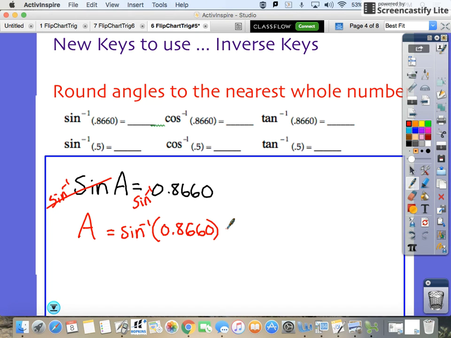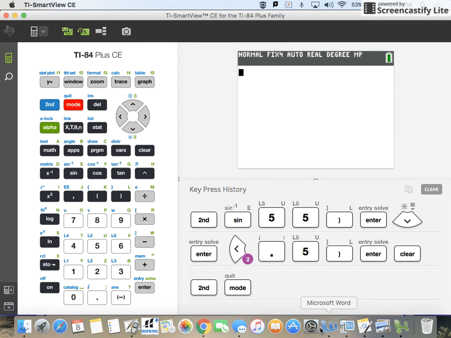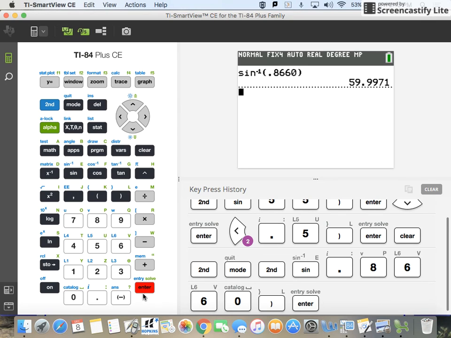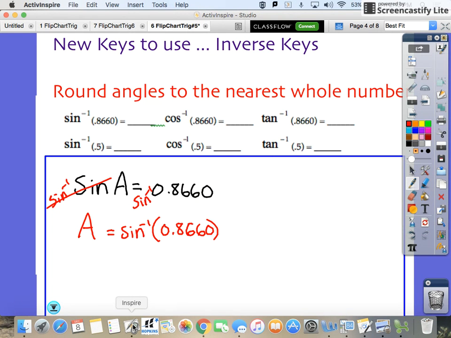To get the inverse sine key on the calculator, look right here. It's in blue above the sine key. So we hit the blue key first and then hit sine. Sine inverse will show up. If we do 0.8660 and hit enter, it's 59.9971. So I'm going to round that up to 60 degrees. Okay, so this is 60 degrees.